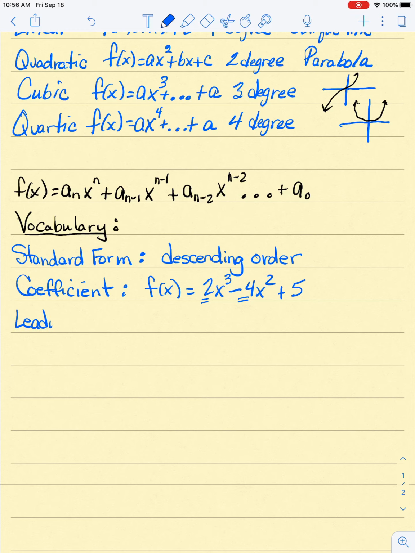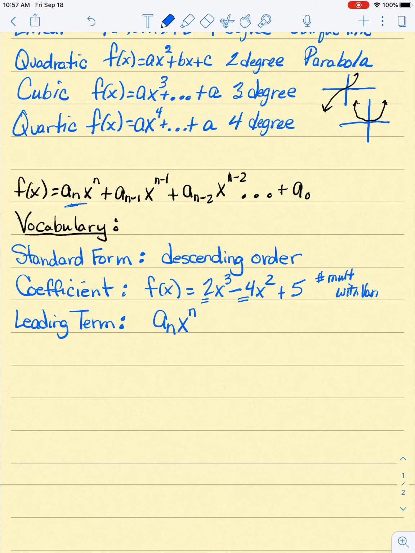Leading term. Usually you'll see that to be a sub n, x to the n. So in our generic, there's your leading term, assuming that we are in standard form, meaning it's in descending order. Another way to think about a coefficient is as the number that's multiplied with a variable.